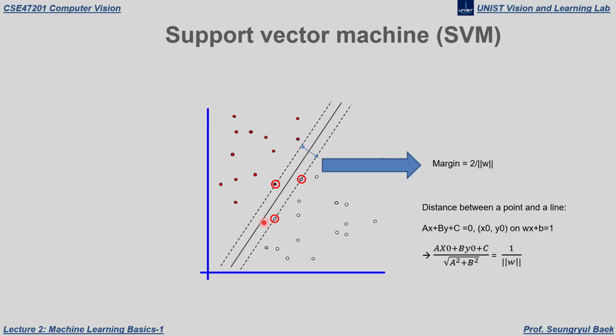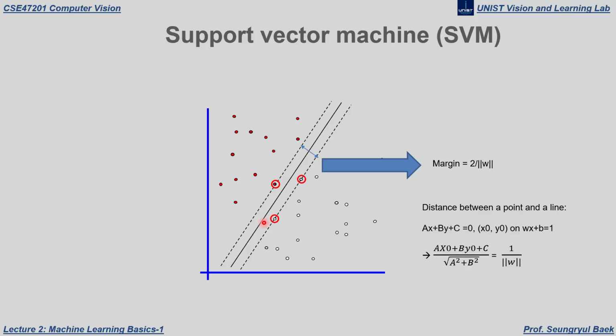As far as I remember, it looks like this, right? Because this point is lying on this line, the numerator becomes 1, and the denominator is simply the norm of W, right?